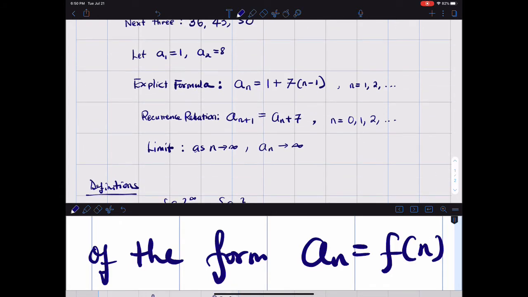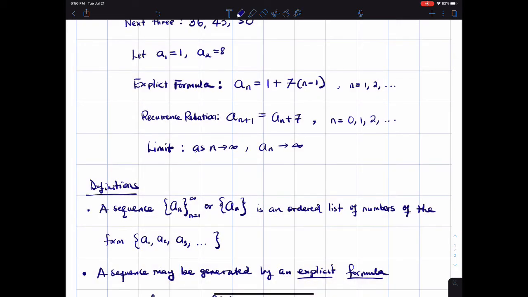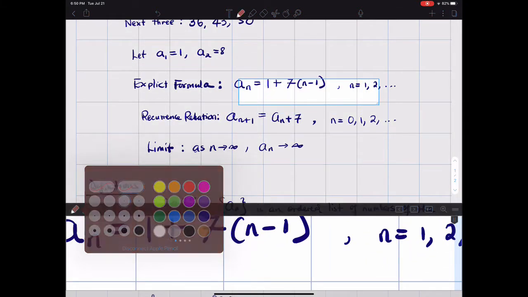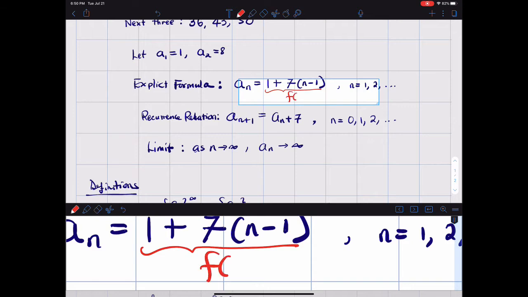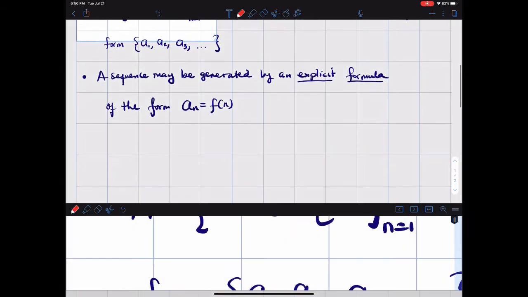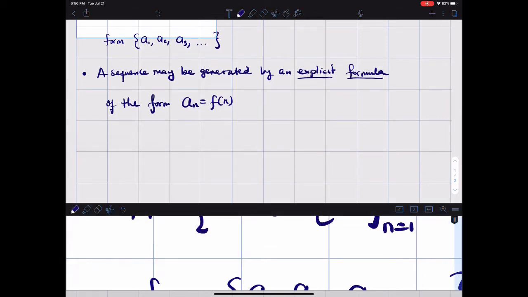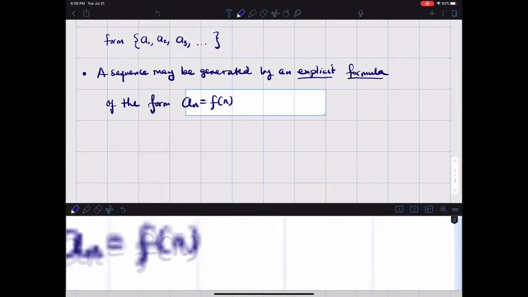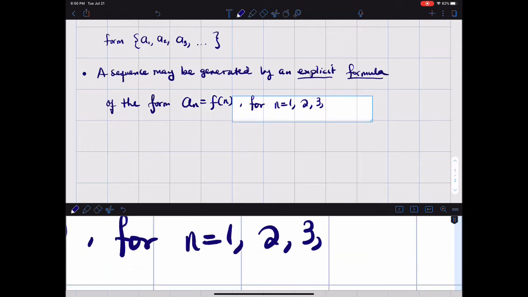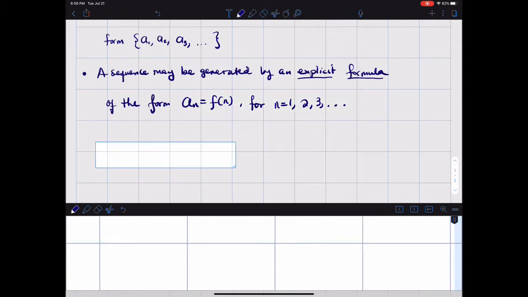So think about what we had here. This is our An over here, and this is the f of n, a function of n, for n equals 1, 2, 3, and so forth. Okay.